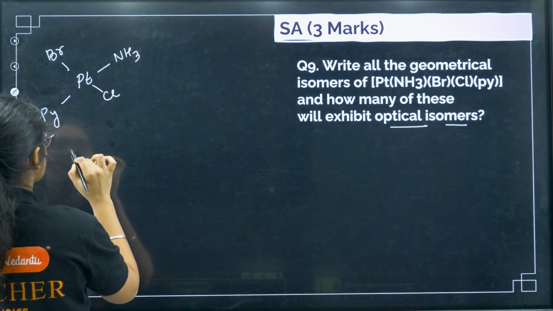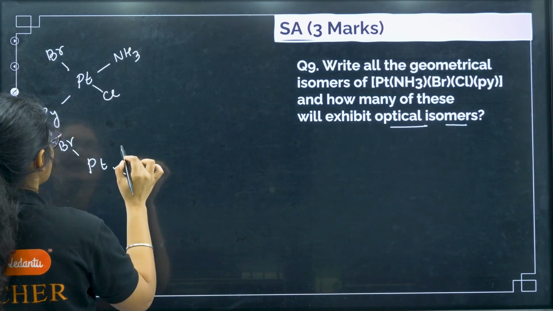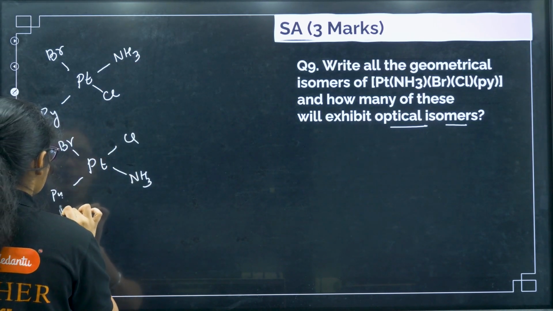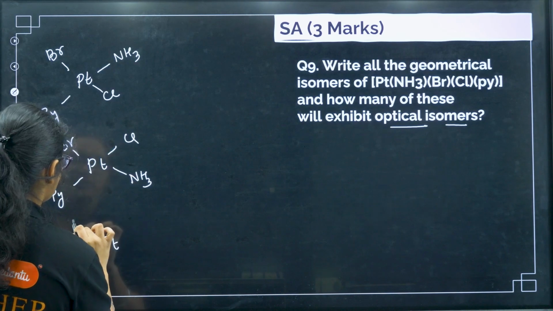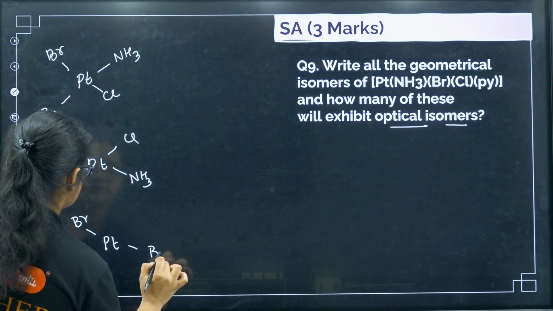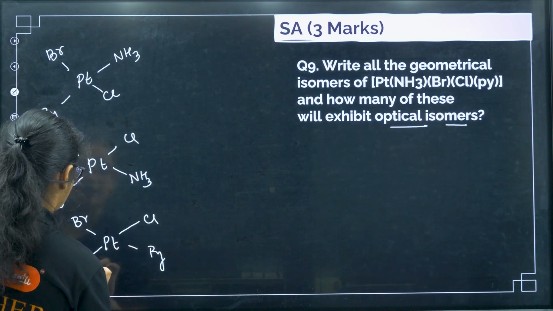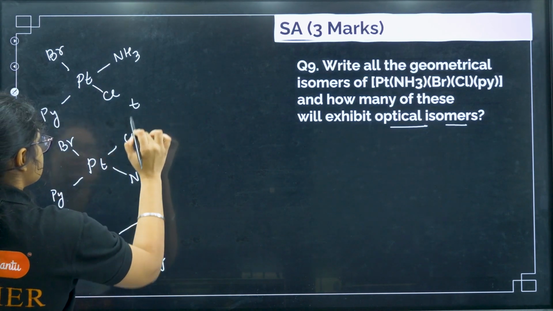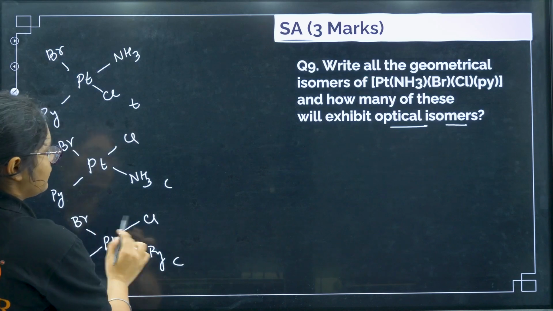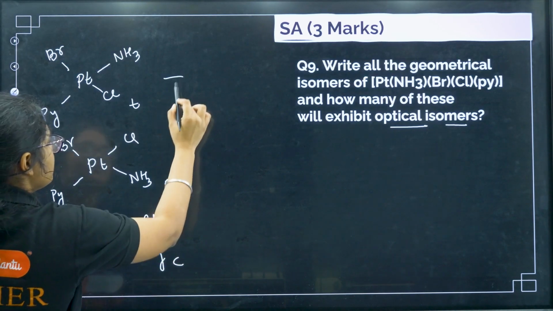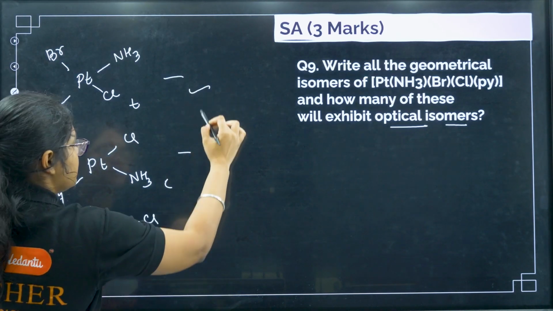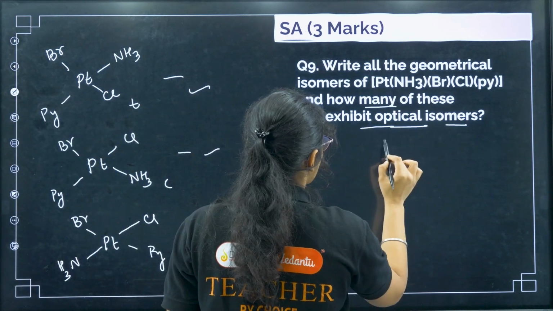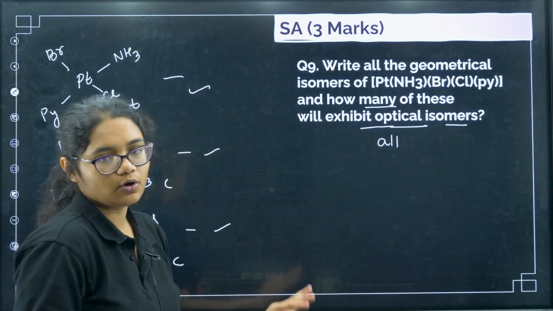Next I will take bromine, and this side I'll put NH3 opposite to bromine, chlorine on the same side, and pyridine. Next I will have platinum, again bromine, I'll put pyridine on one side, then you have chlorine and NH3. So this is basically the trans one, this is cis because bromine and chlorine are on the same side. Now all of them will have optical isomers, all of them will exhibit it. So write all the geometrical isomers and how many of them will exhibit optical isomerism, all of them.